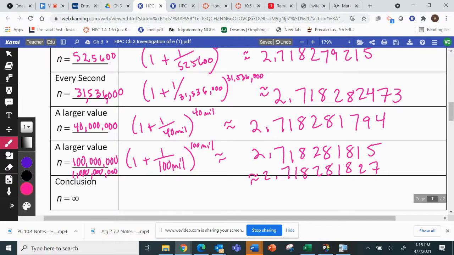Still not helping me. How about another 2 zeros? Why not? We're trying to find this when it's going to infinity. You can't have too small of a number. So I just put in 2 more zeros. So I'm doing 100 billion.